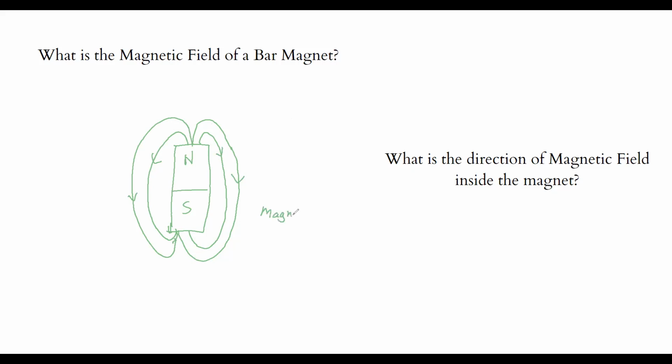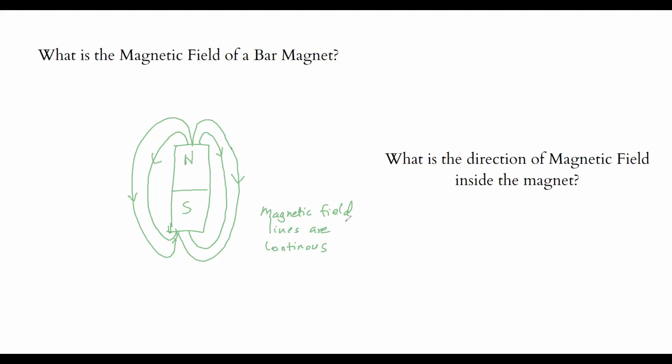Magnetic field lines are continuous, right? So how does the magnetic field travel?